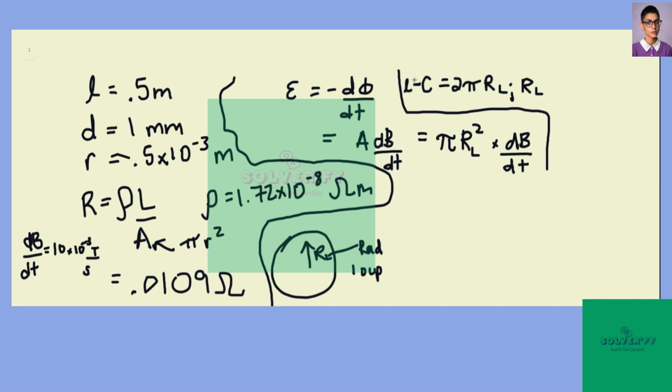Therefore, R_L is 0.5 meters divided by 2 pi. When I plug that into a calculator, I got 0.0796 meters. Great, for R_L.